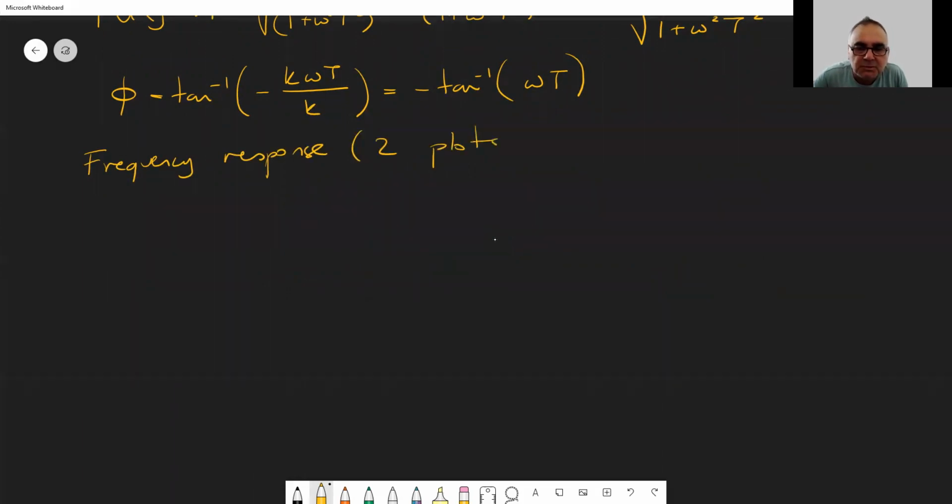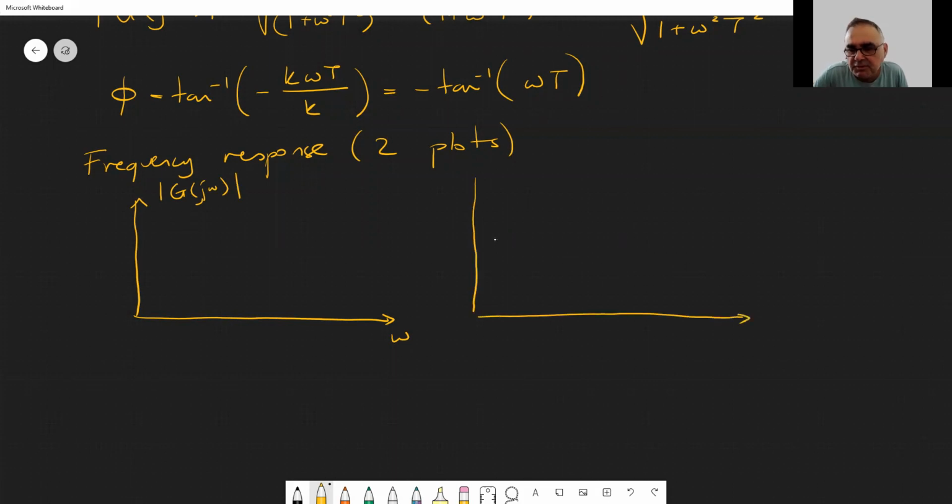Now, the frequency response, therefore, can be plotted in two plots. One is the amplitude plot, for example, magnitude of G of j omega versus the frequency omega. And the second plot will be the angle plot or the phase plot versus omega. So this is phi of omega. And the plots are like this.